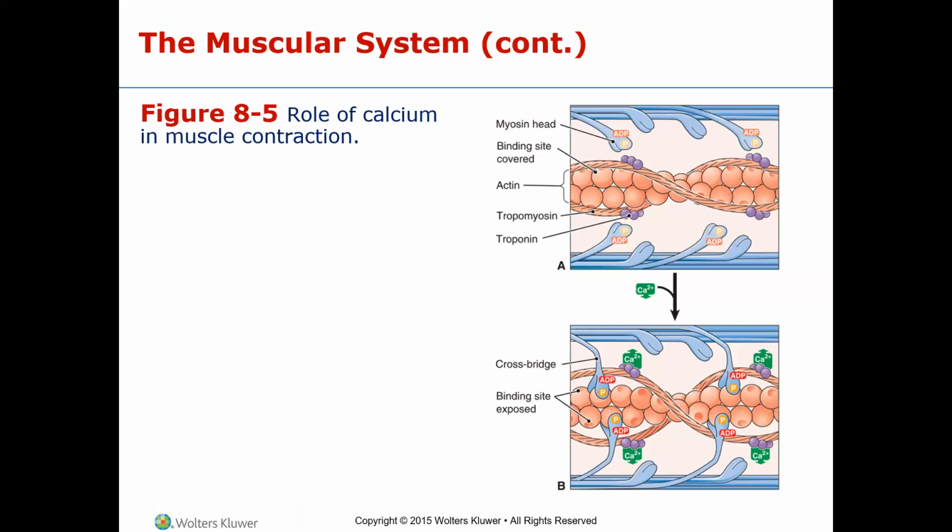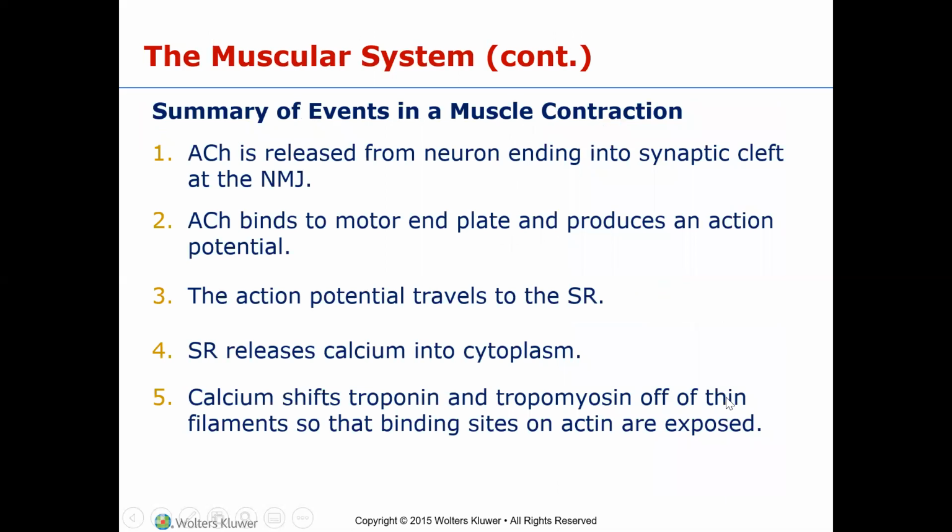And then it does its little action of moving like an oar, like a sweeping motion in and in. And so as a result of that, it's going to cause it to contract. Okay, so these are just a summary of all of the events that occur, in sequence.